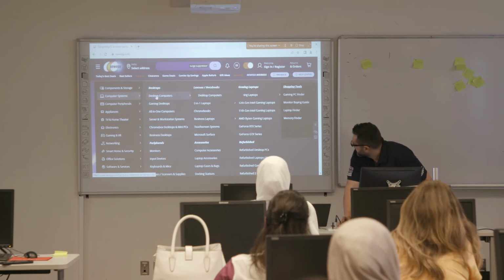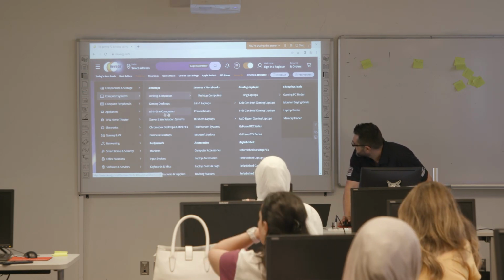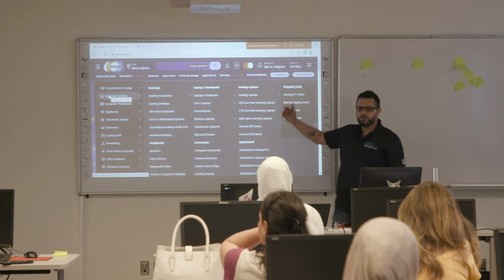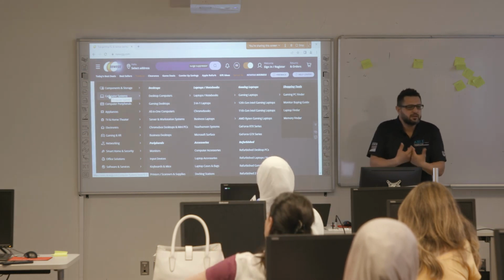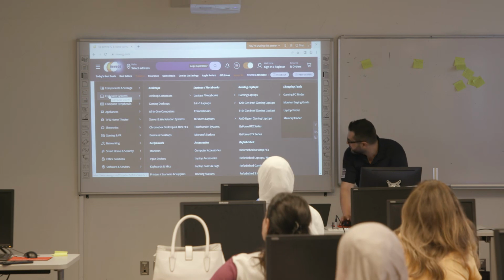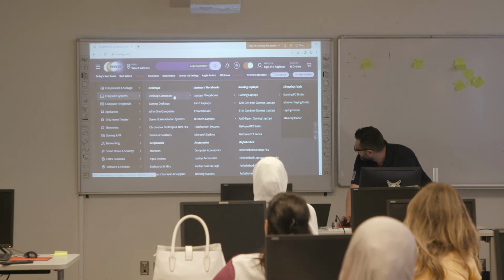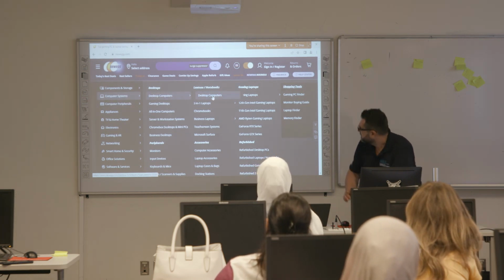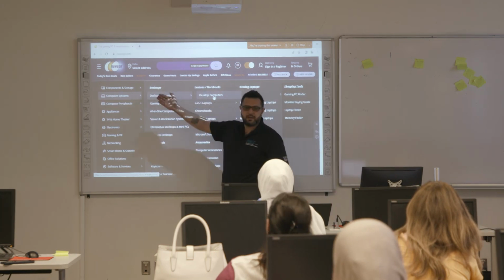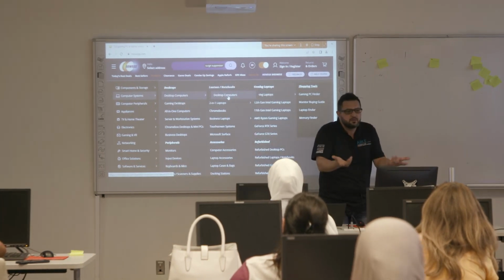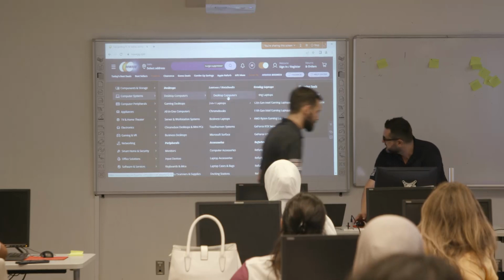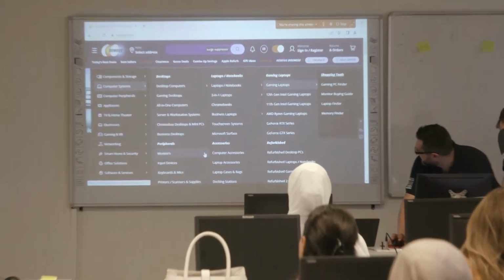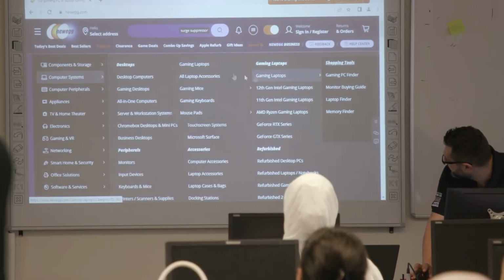If I want to choose laptop and notebook, look what's happening to me. I don't have any disability basically, but look what's happening. I'm trying to go to laptops and notebooks. Desktop computers is just popping up, redundant information that I don't need, that is preventing me from getting to gaming laptop.